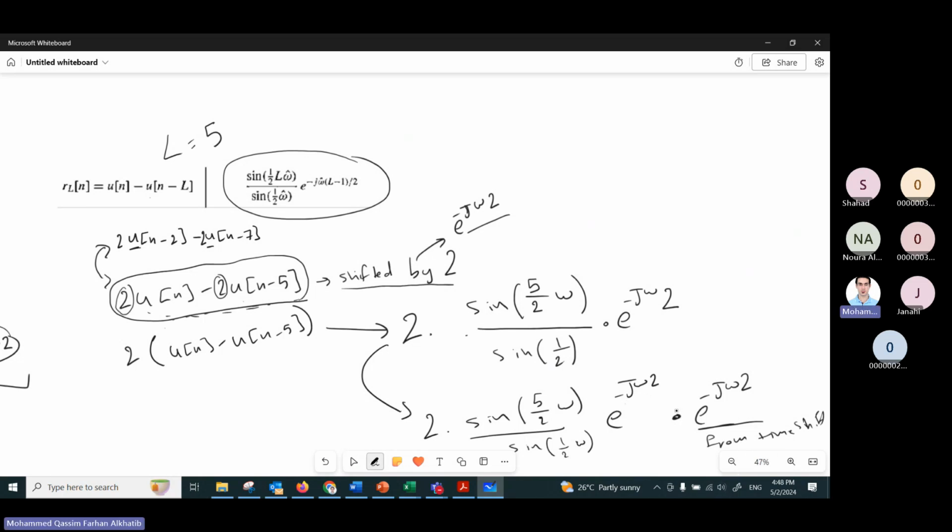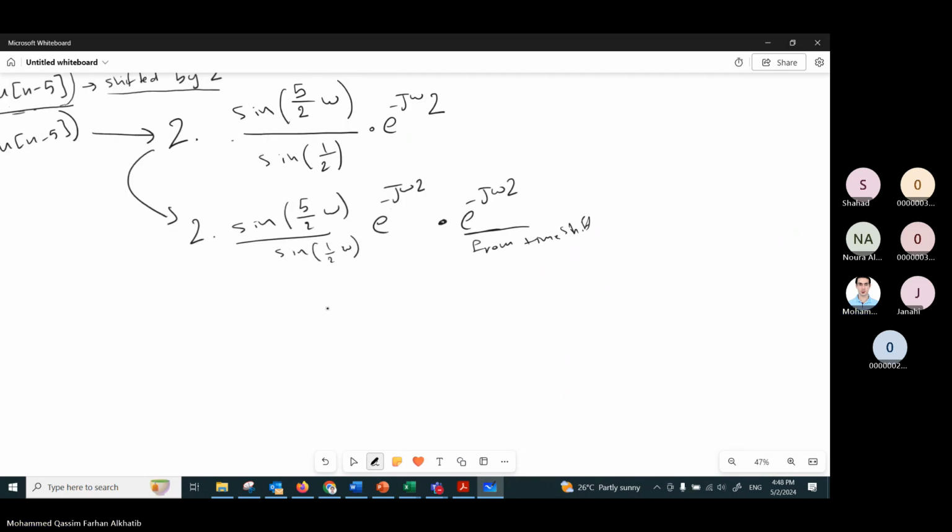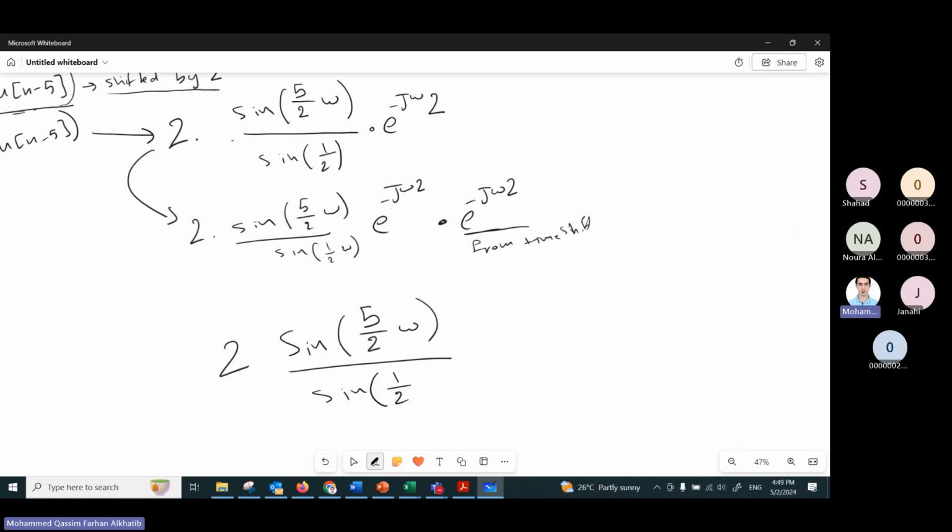And you can basically combine them. So the final answer will be 2 sine 5 over 2 omega over sine 1 over 2 omega e to the power minus j omega 2. And that's it.